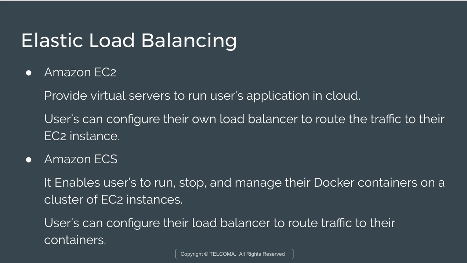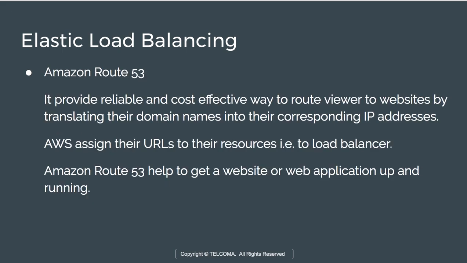ECS, Elastic Container Service, enables users to run, stop, and manage Docker containers on a cluster. Route 53 provides a reliable and cost-effective way to view a website by translating your domain names to IP addresses.